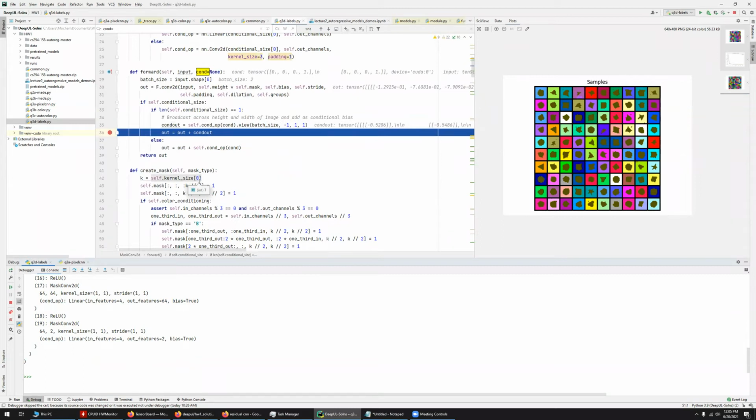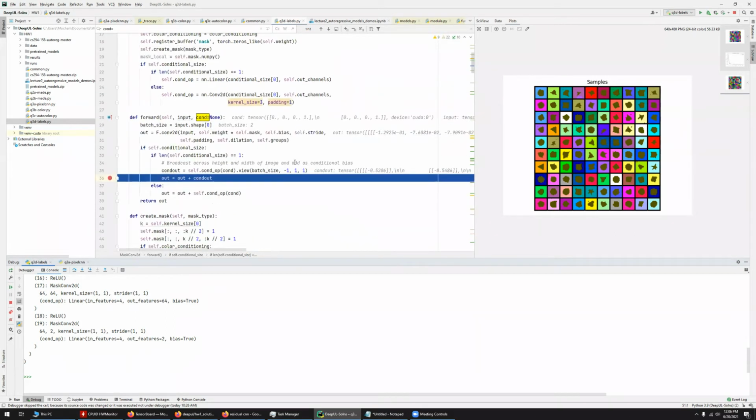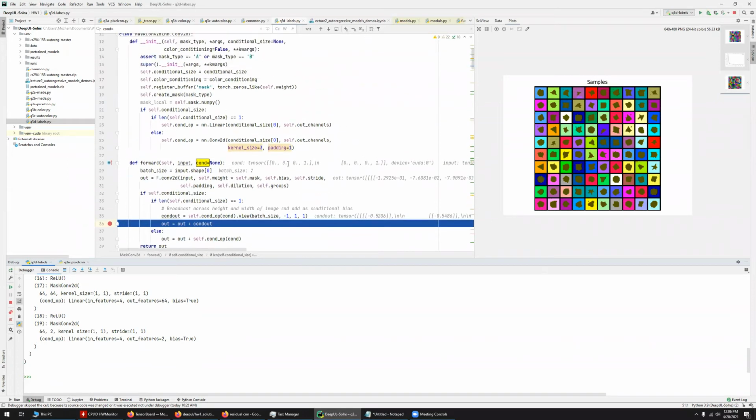But by making the linear, we've already converted it to the number of channels, right? Because that's what the linear layer is doing: taking 4, pushing it to the number of channels, whatever happens to be 64 here, and then broadcasting over the 20 by 20.